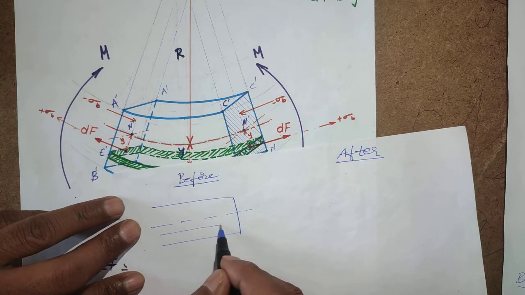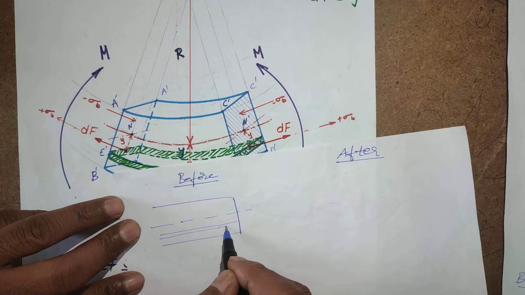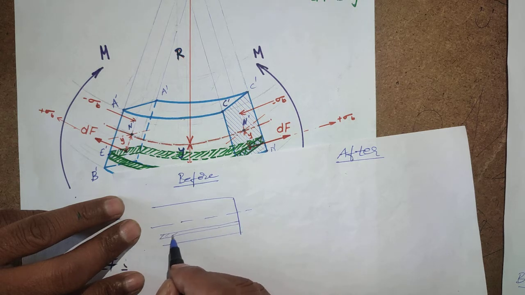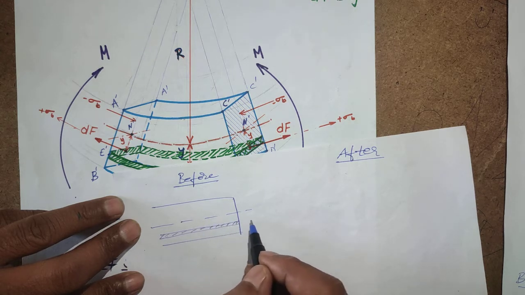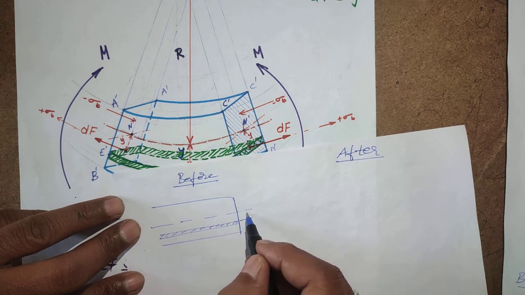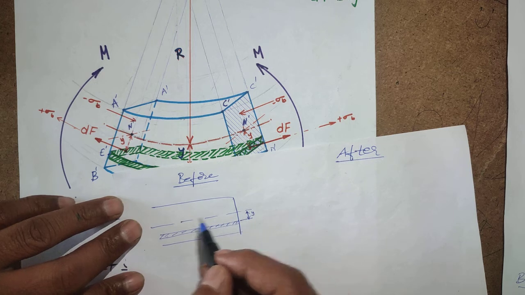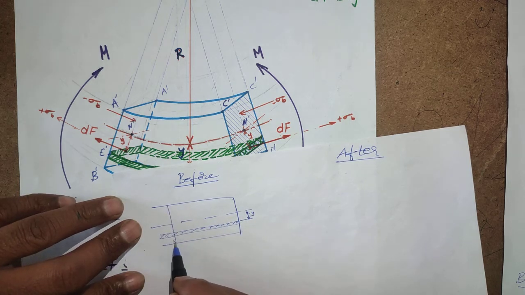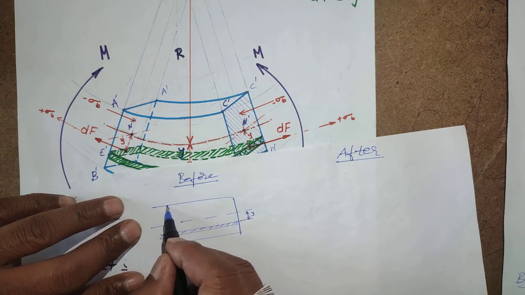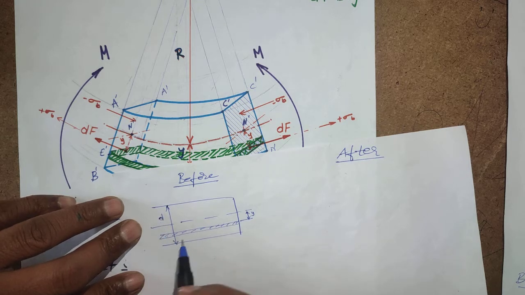This is the layer with thickness dy. This is depth y. This is the total depth, capital D. Okay.